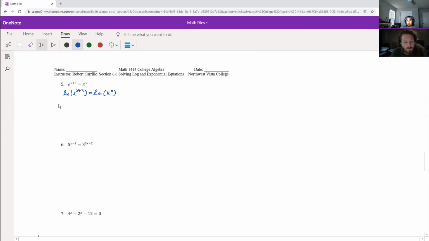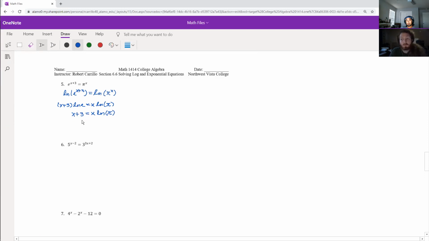So this is going to work out to (x plus 3) ln e will equal x ln pi. So ln e is log base e of e, which is just 1. So we get x plus 3 equals x ln pi.